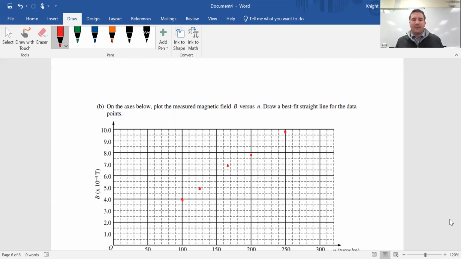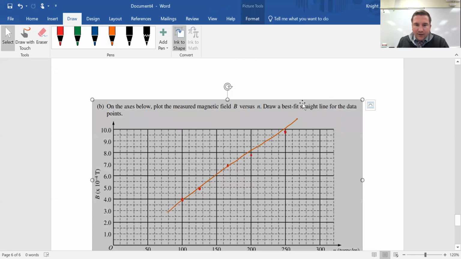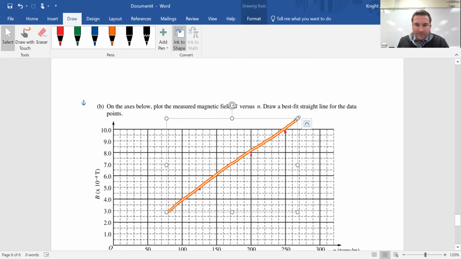All right, draw a best fit line straight through the data points. This one I might actually have trouble with because I can't draw a straight line here. So maybe I can use shape to math and it'll let me draw a straight line. Did it turn it into a straight line? I don't think it did. Can I grab it? There we go.